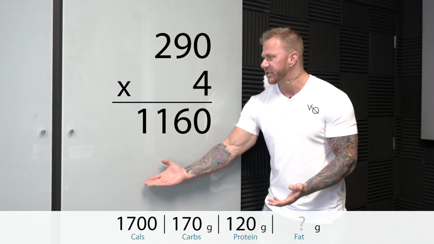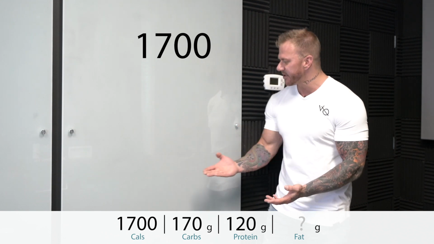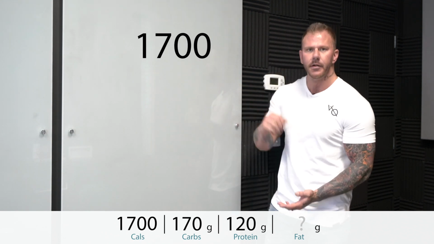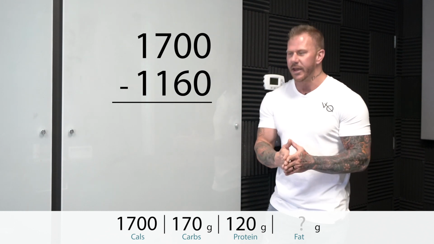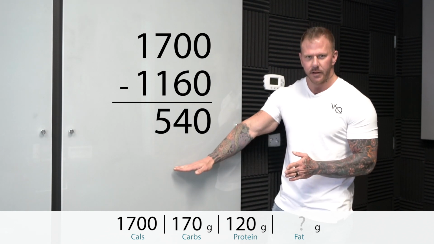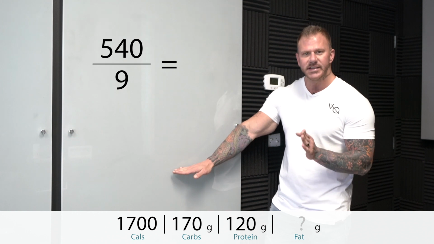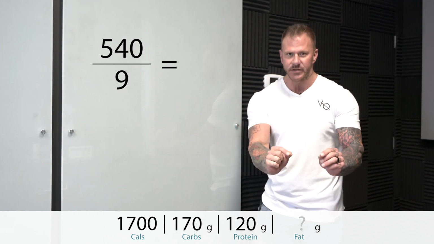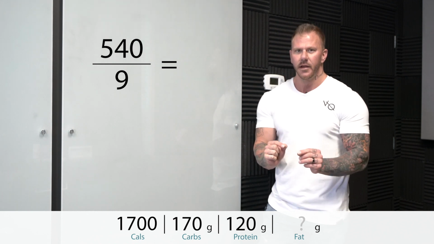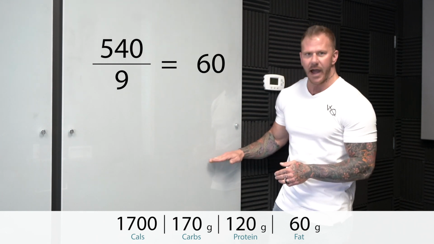So now we just simply figure out the rest, and we take 1,700, your total calorie number, and minus 1,160 off of that, and we get 540. 540 calories divided by 9, because remember, that carries 9 calories per gram, and we get 60 grams of fat.